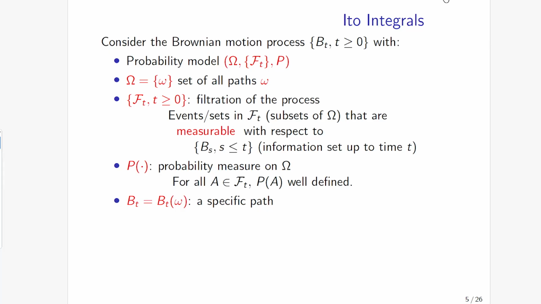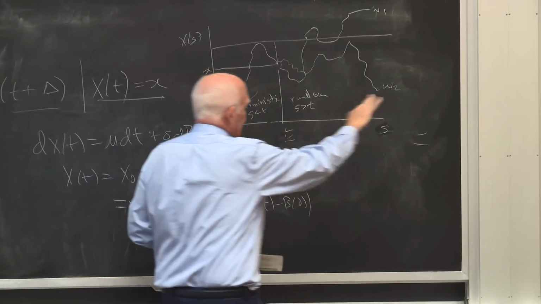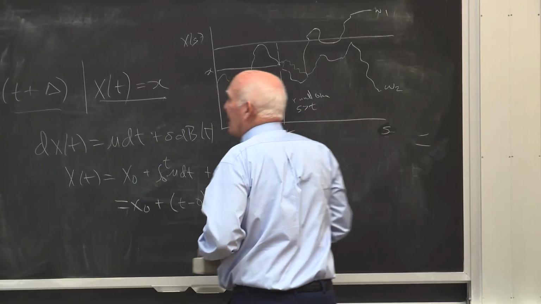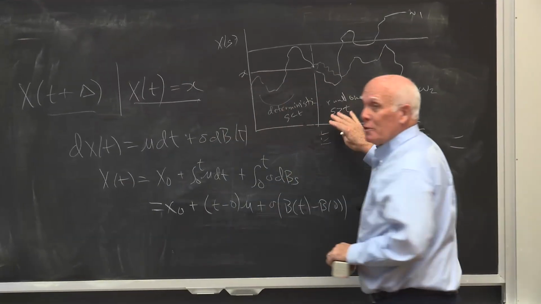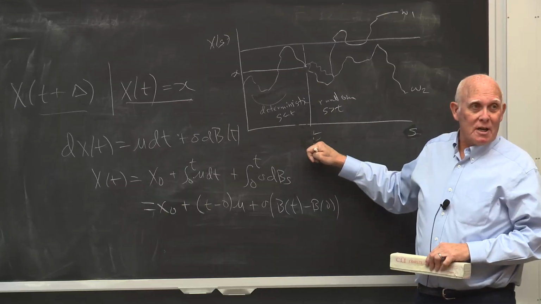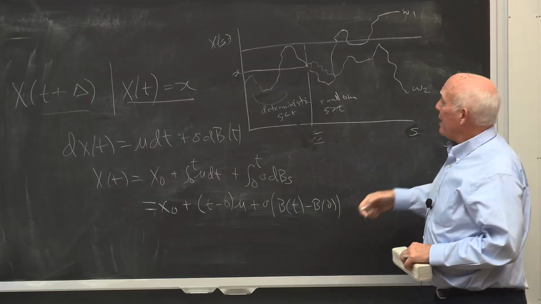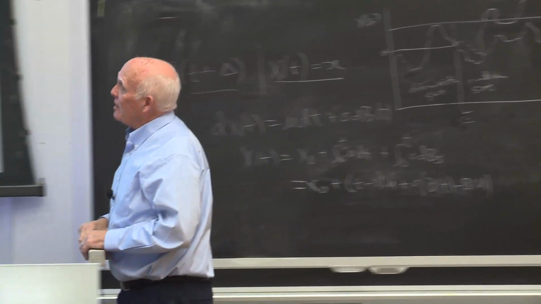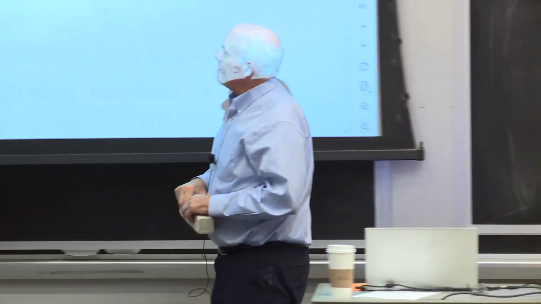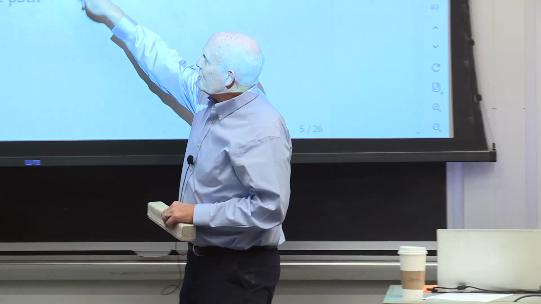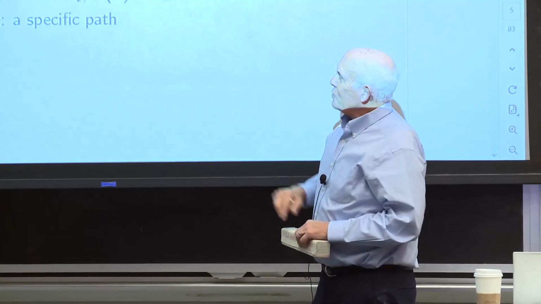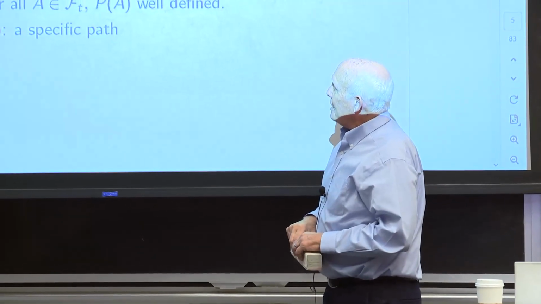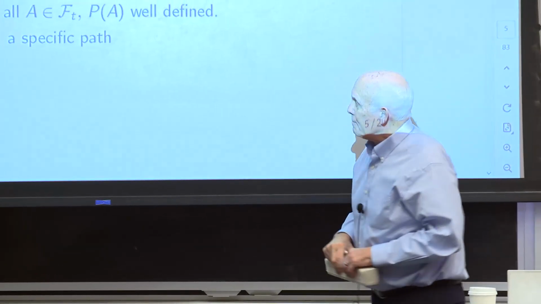That probability measure over the entire space of paths can also be restricted to the paths up to time little t. So we can focus on probability measures that are unconditional but restricted to the information set up to time t.